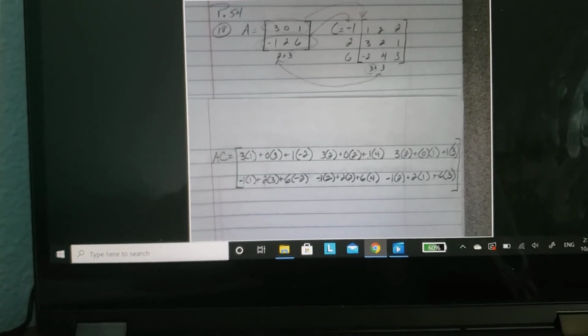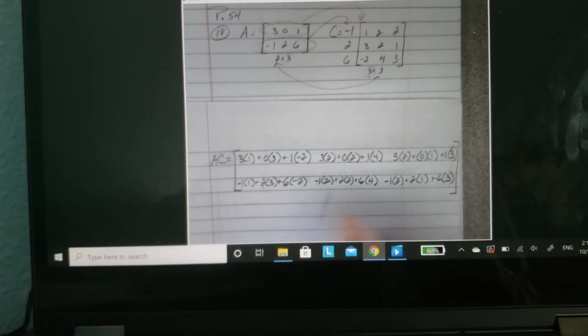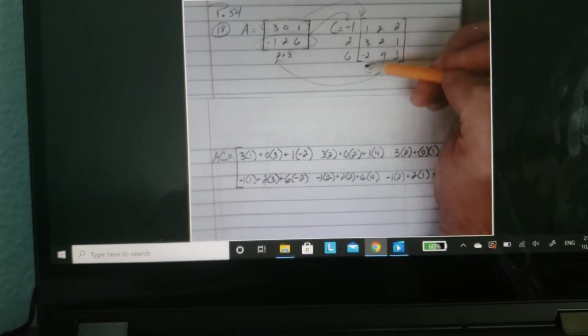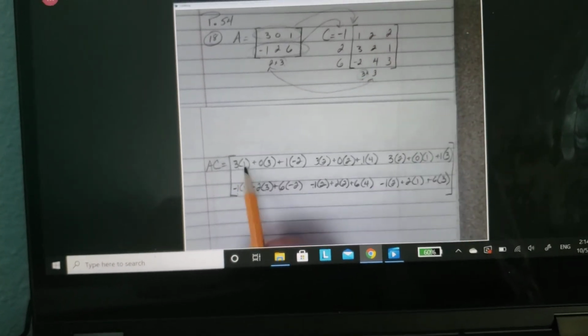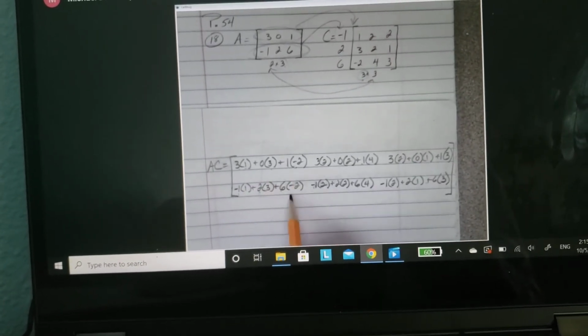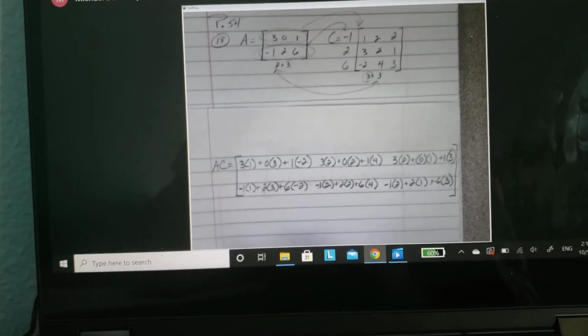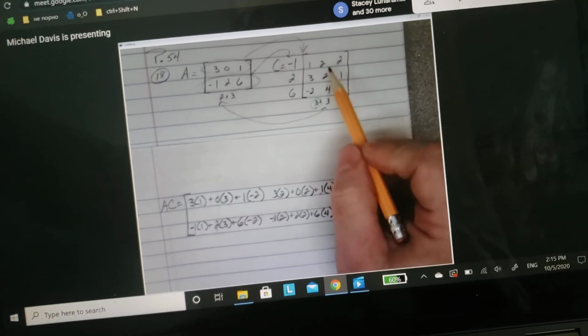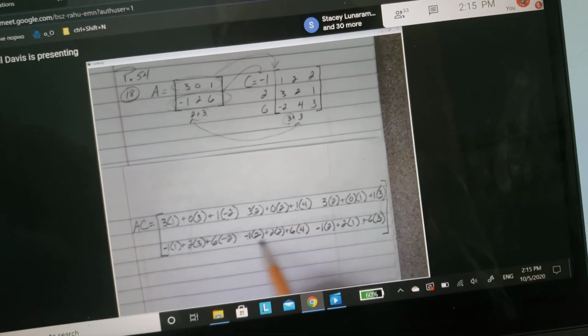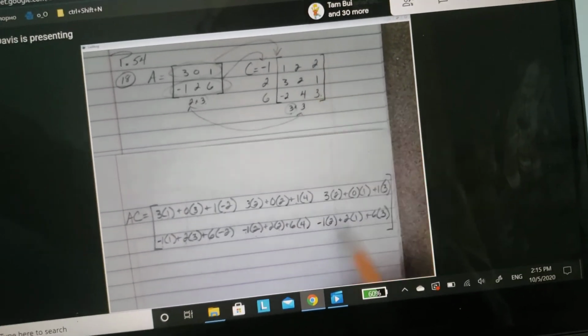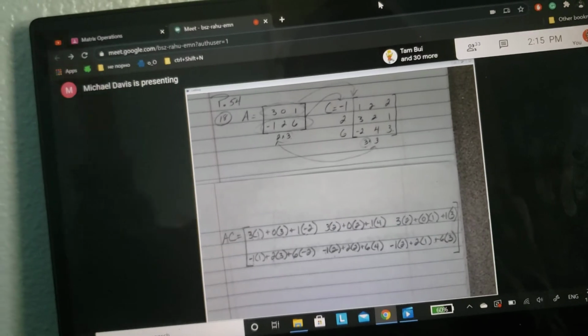And if you look at your columns in matrix C, the entries 1, 3, and negative 2 should show up in all of my columns in my answer. The 2, 2, and the 4, and the 2, 1, and the 3 show up.